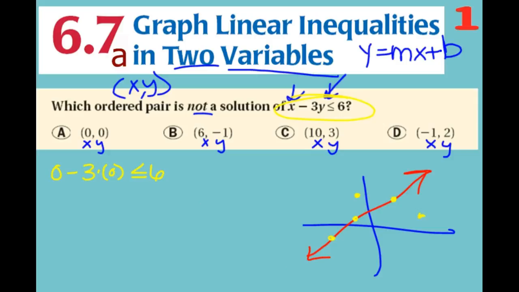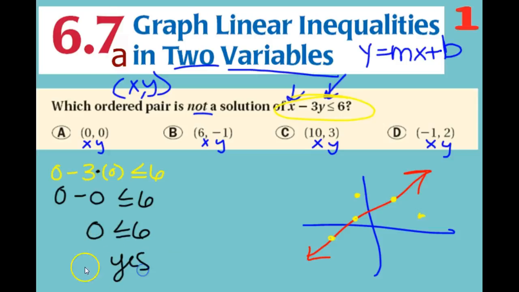We need to see if this is true or not. So 3 times 0 is 0, and we have 0 is less than or equal to 6. Yes, 0 is less than or equal to 6, so that one works. They want to know which one's not a solution, so it can't be that one.